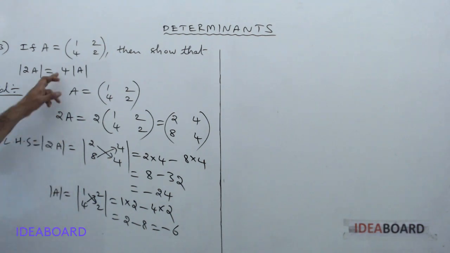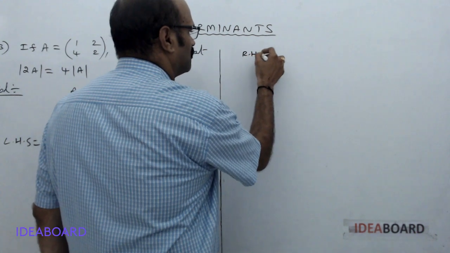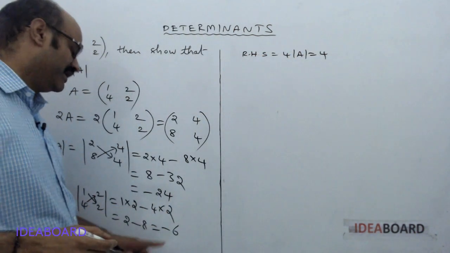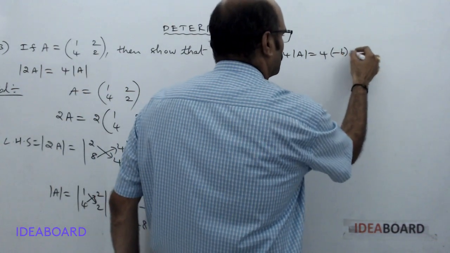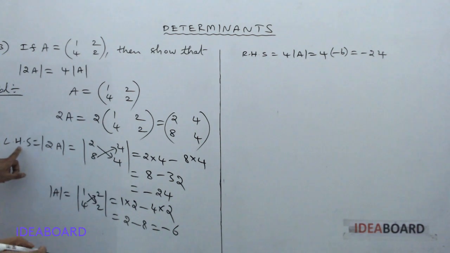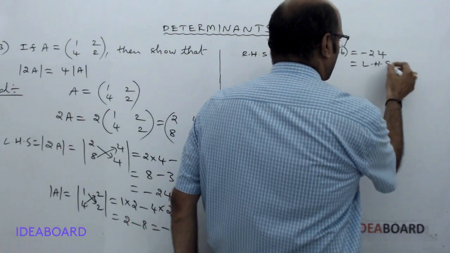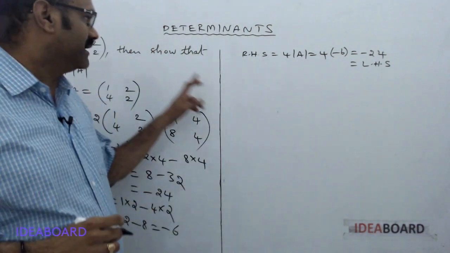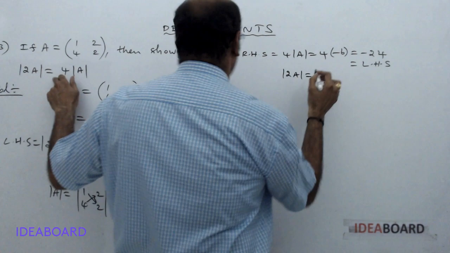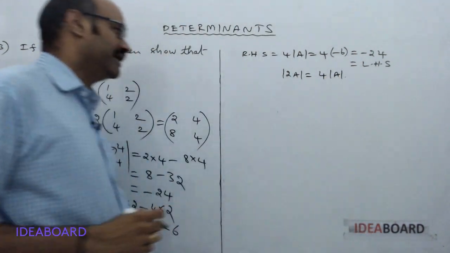Now the RHS, 4 into det A, equals 4 into minus 6, equals minus 24. Minus 24, we got already for LHS, so RHS equals LHS. It implies that determinant of 2A is always equal to 4 into det A. Hence proved.